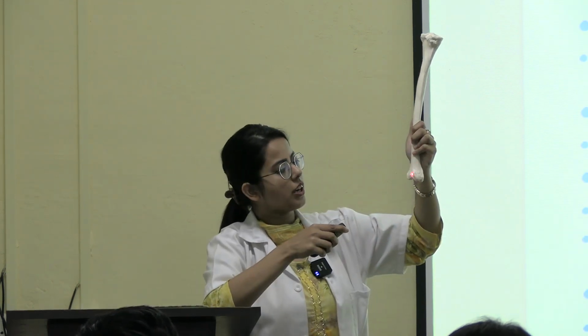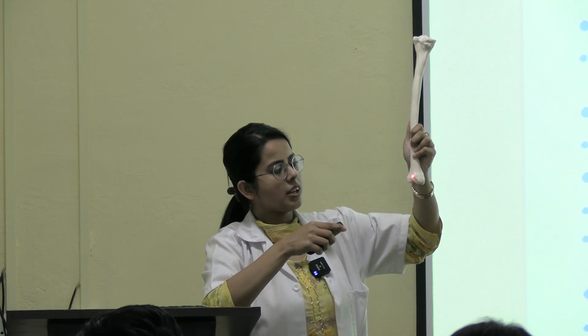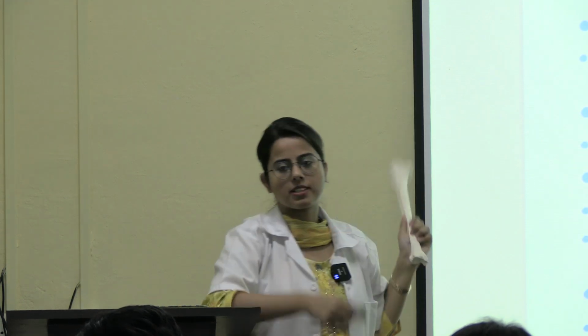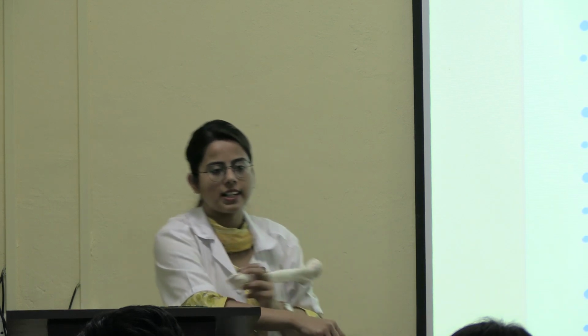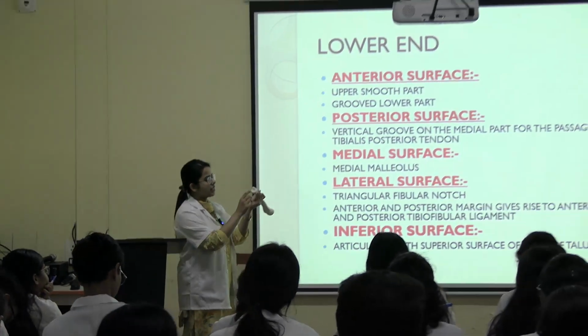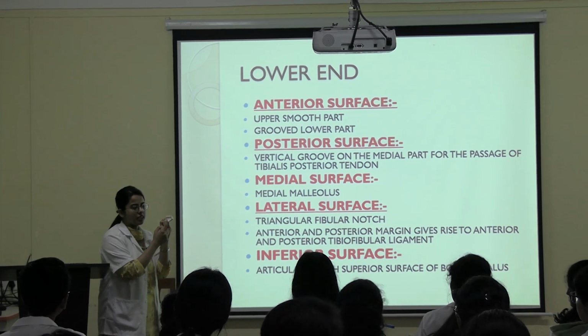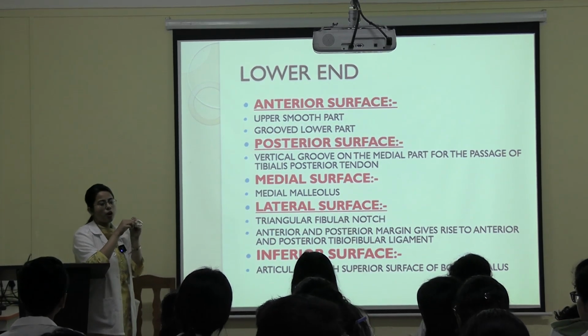So this is what surface? It is having a groove medially for the passage of the tibialis posterior tendon. Clear? And this inferior surface, this part will articulate with the talus, which is a bone of the foot.